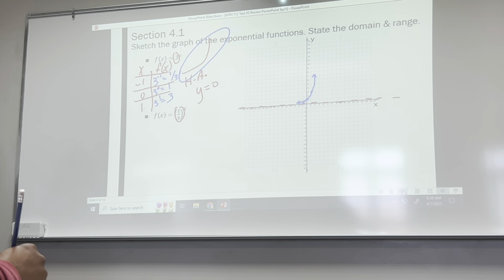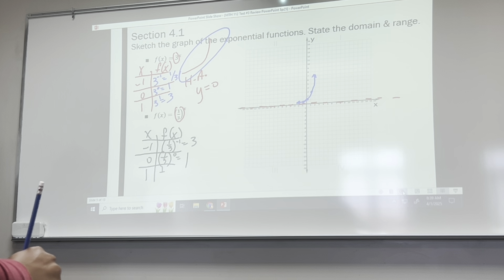Now the next one, I'm going to use the same x values. What is 1/3 to the negative 1 power? 1/3 to the negative 1 is 3. What is 1/3 to the 0? 1.